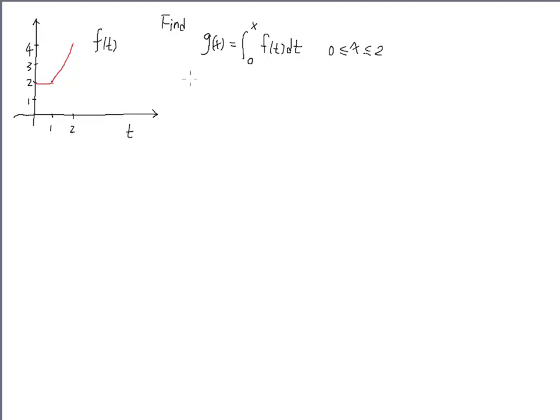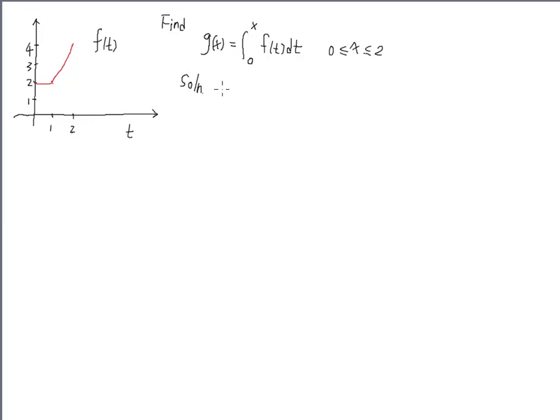Now, remember, this is a situation where we can find the integral simply by using the area. So we do the following. Remember that if x is between 0 and 1, for example 0.6, then what we have here is a rectangle. So we actually divide this into two cases.